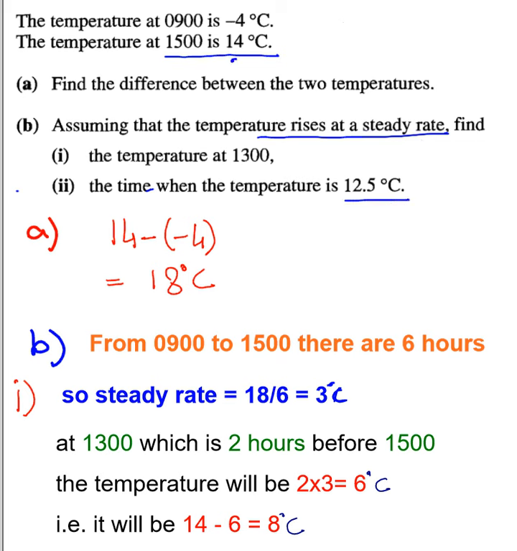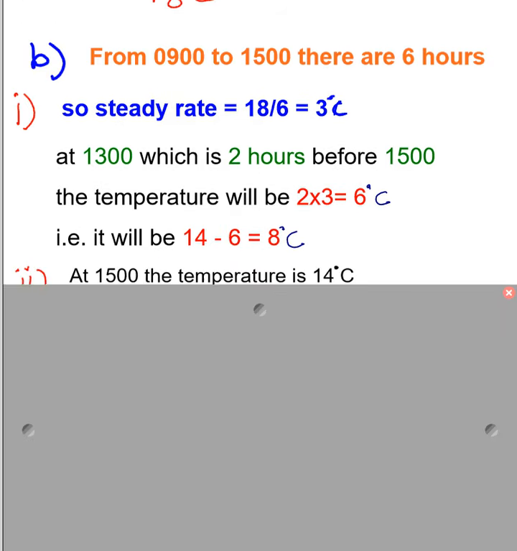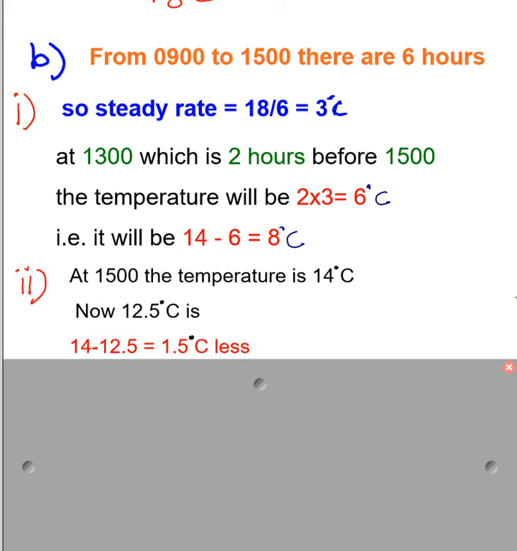If I see the difference between 14 and 12.5, what is the difference? It is 1.5 degrees centigrade. And I already know that for every hour, the temperature rises by 3 degrees centigrade. So if the temperature is 1.5 degrees centigrade low, it means this thing happened 30 minutes before.